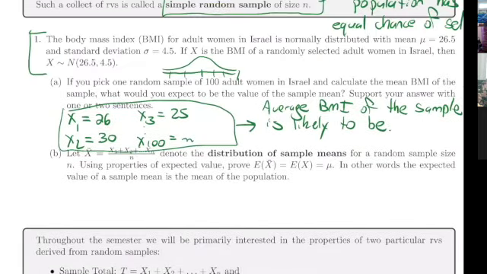So if I'm picking one random sample of 100 women in Israel and I calculate that mean BMI, it's likely that that statistic is going to be the same as the population, which is about 26.5.